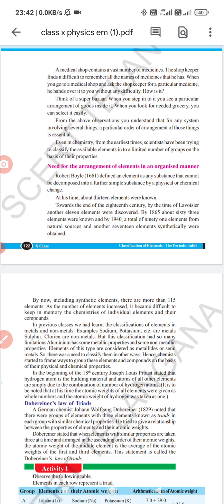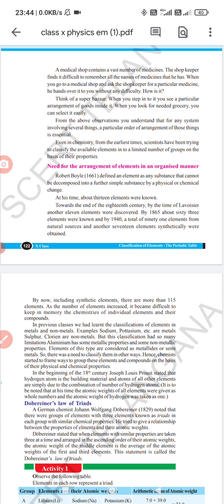We know that aluminium is a metal, but coming to this part of the chapter, aluminium has the properties of both metals and non-metals, some metallic properties and some non-metallic properties.